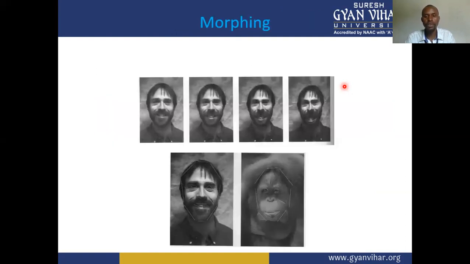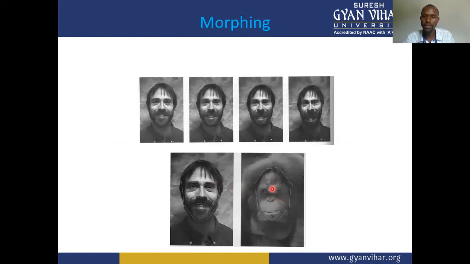Also image morphing. Image morphing is to take an image of a particular object and put it in an artificial environment. In this case, we are taking the face of this person and putting it around the image of a baboon. So he will look like a baboon, but he's a human.